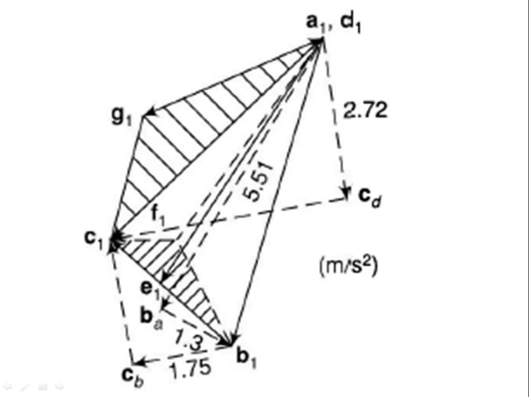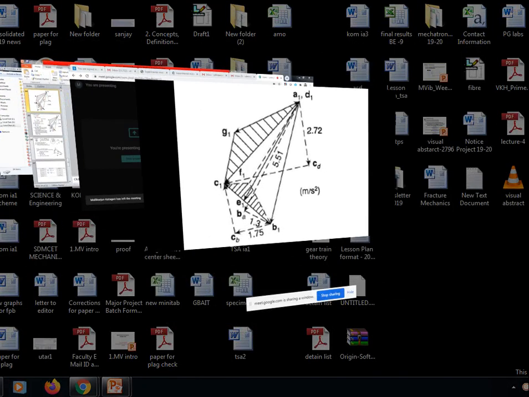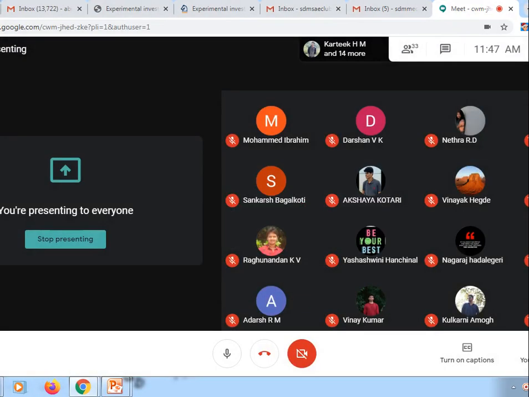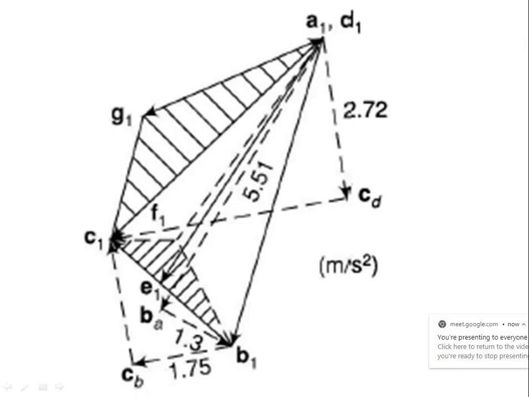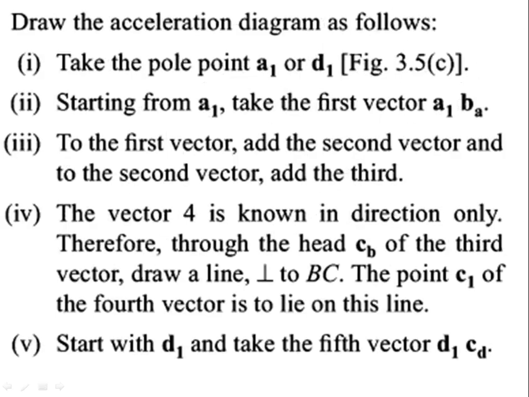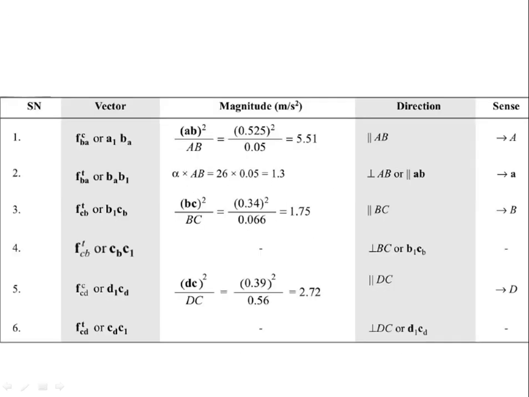Okay, so now you have completed the points A1, B1 and P1, and you have joined A1 to B1. Next we will see the next one, which is FCB tangential.